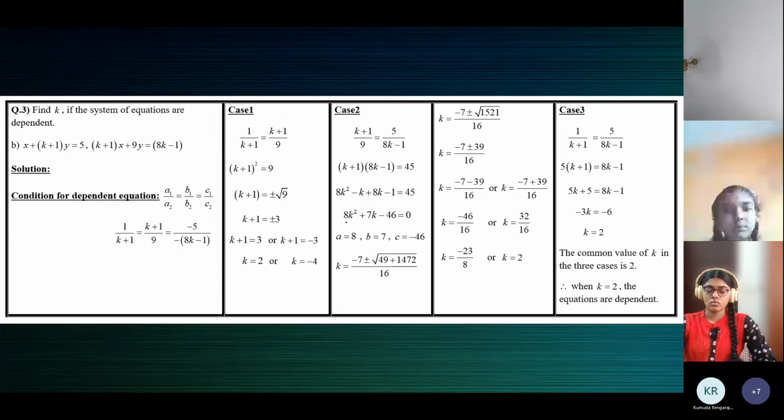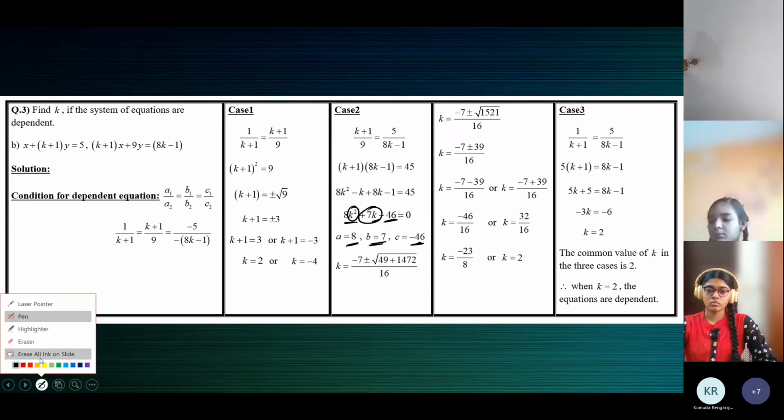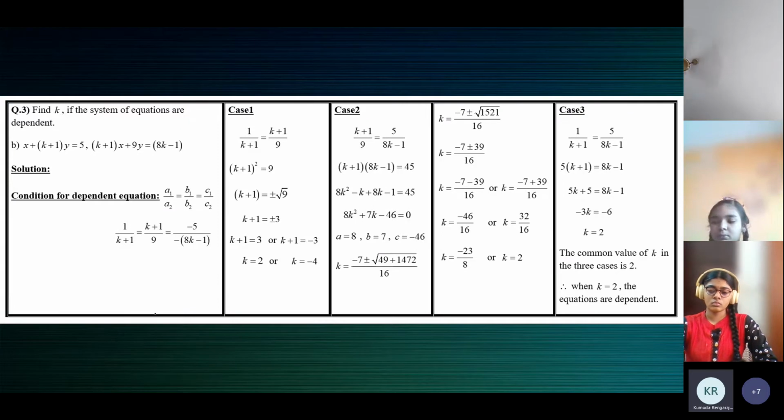So in 8k squared, the coefficient of k squared, 8, is a; the coefficient of k, 7, is b; and the constant minus 46, along with the sign, is c. If it's negative, you should take the negative sign also. Now we have the values of a, b, c.